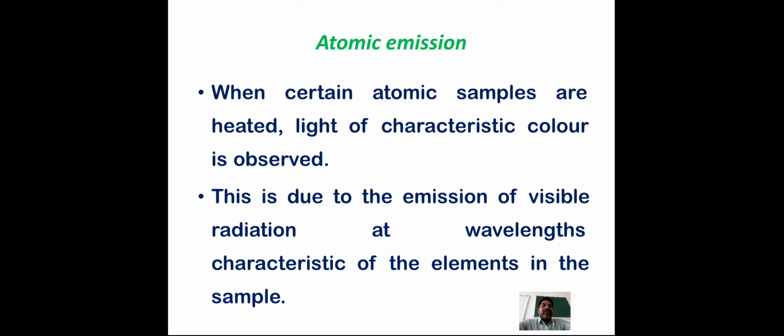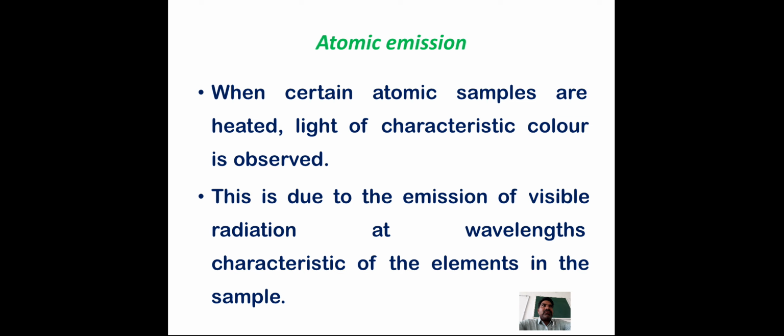You might have seen this in the inorganic chemistry laboratory for identification of an atomic sample by a simple flame test. This is due to the emission of visible radiation at wavelengths characteristic of the elements in the sample.